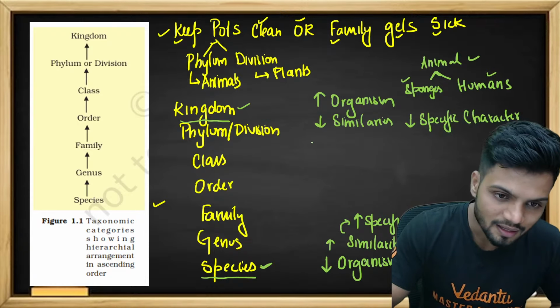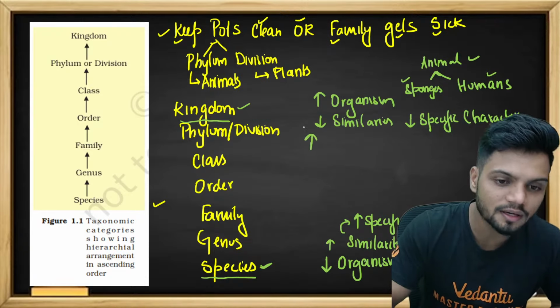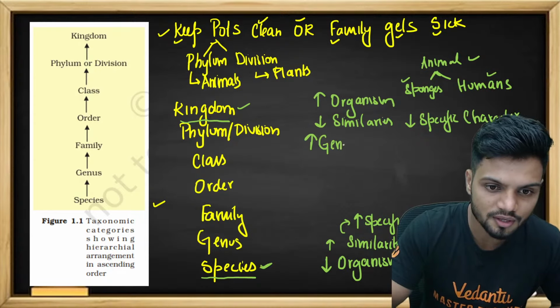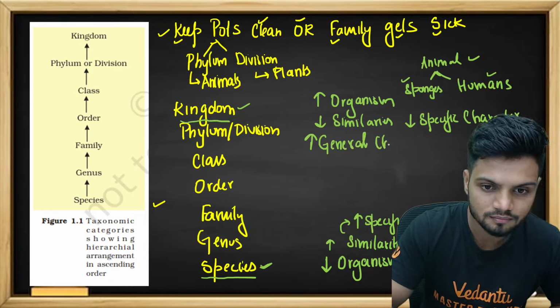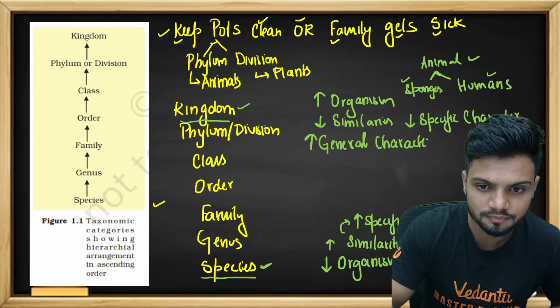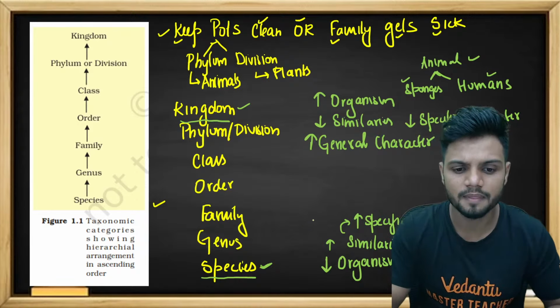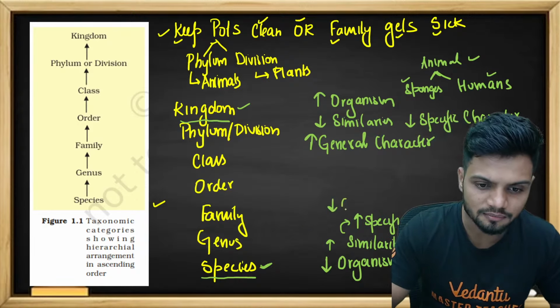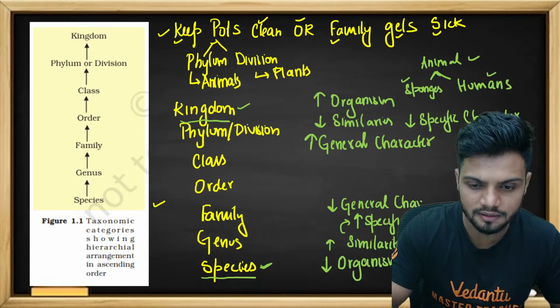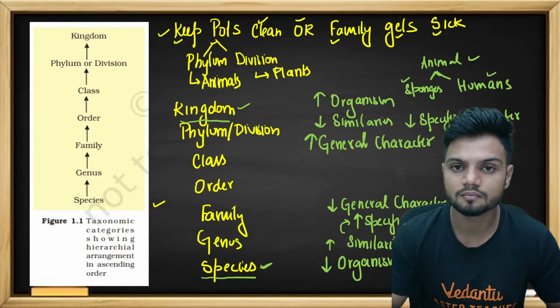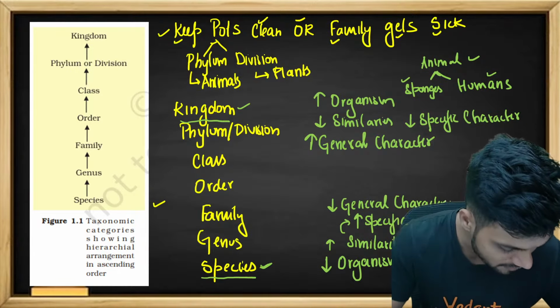So can I say general characters will be more in the case of kingdom level? General characters will be more here. But when you come to species level, since it's becoming very specific, general characters will be very few here. General characters will be comparatively fewer here. Okay? So understand this.